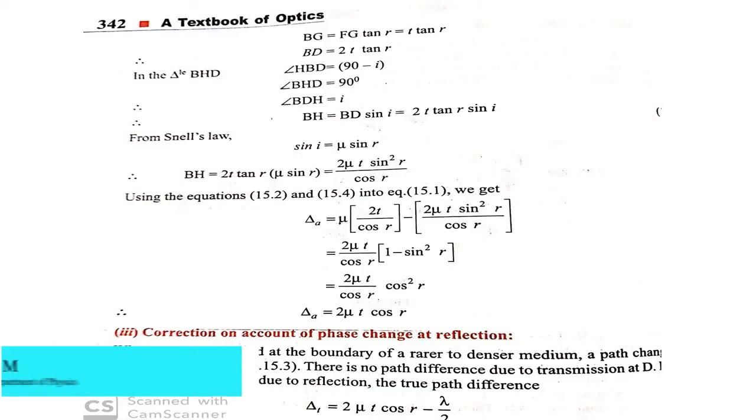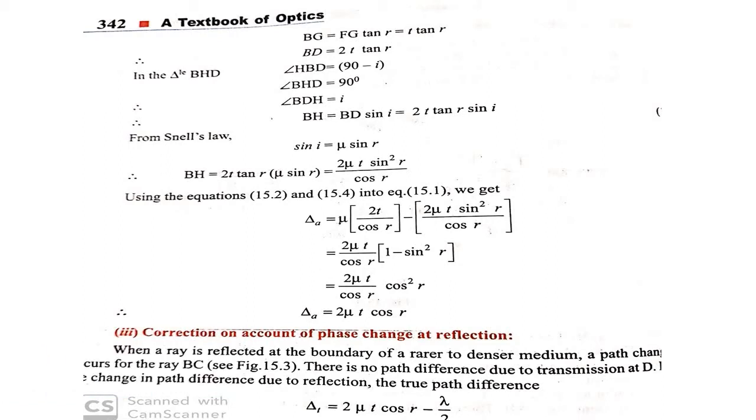So back again. We have been discussing interference, and in the last class we discussed interference in thin parallel films.